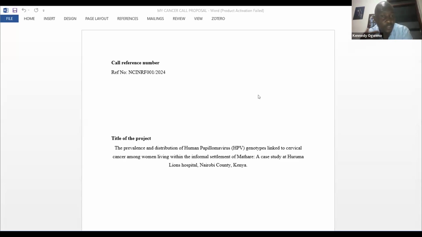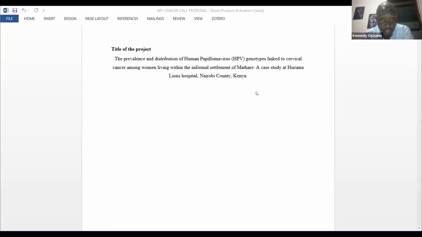This is the title of the project as we wrote it: the prevalence and distribution of human papilloma virus genotypes linked to cervical cancer among women living within the informal settlement of Madari. It was supposed to be conducted at Oroma Lions Hospital.